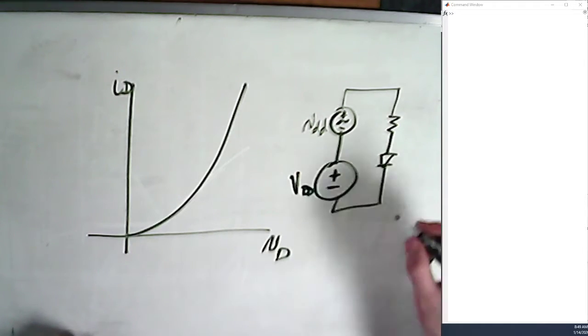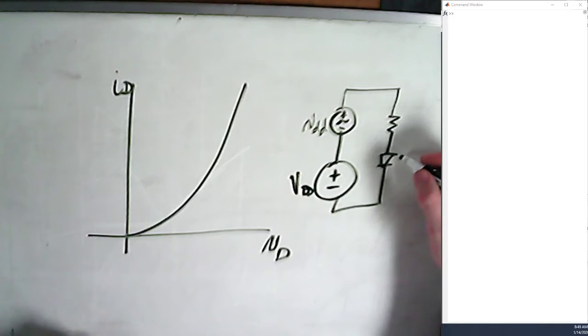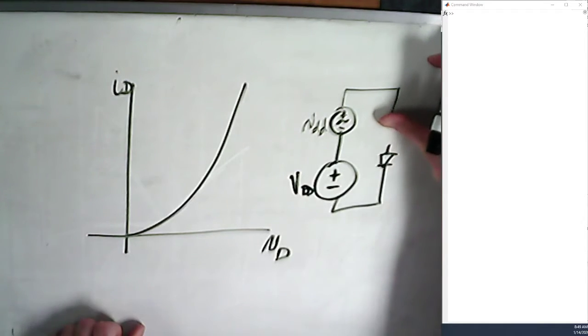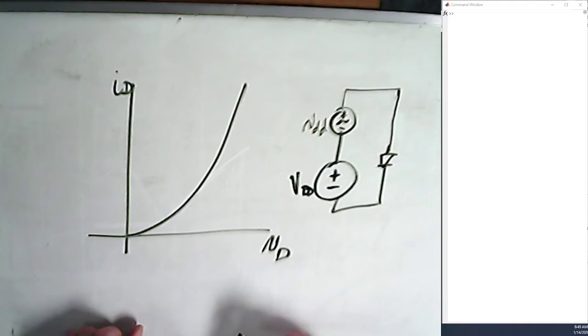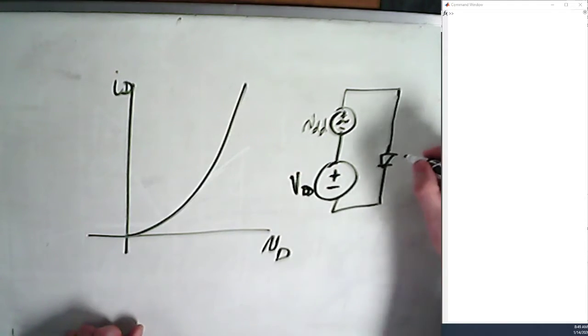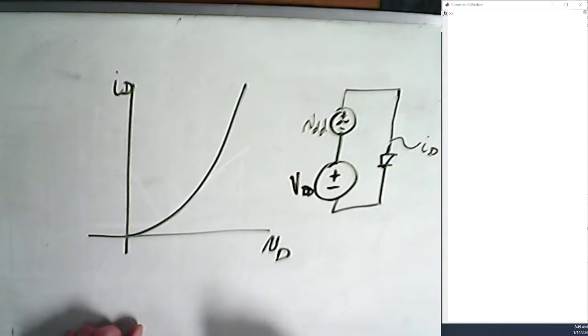We're going to hook it straight up to a diode. And what we're going to monitor is we're going to get out of this the ID.